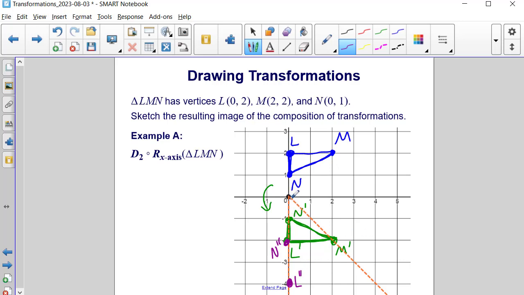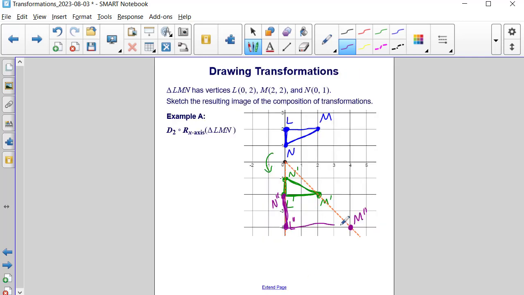And then to get from the origin to M prime, we have to go down diagonally and to the right 2 units, so we're going to double that and go down and to the right 4 units: 1, 2, 3, 4. So this is where M double prime will be. Now we can connect these final image vertices together to create our final image.